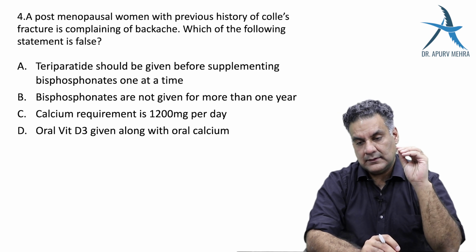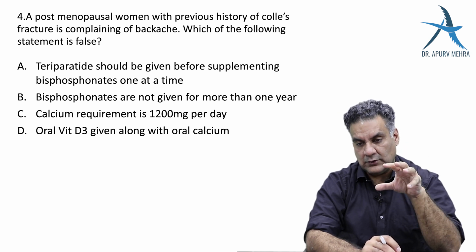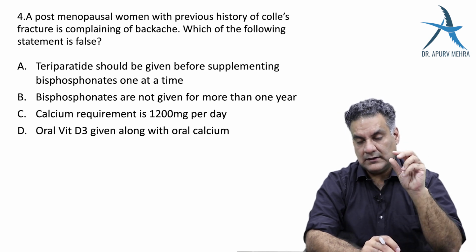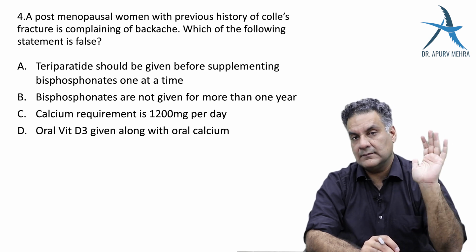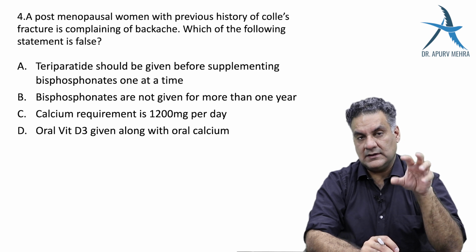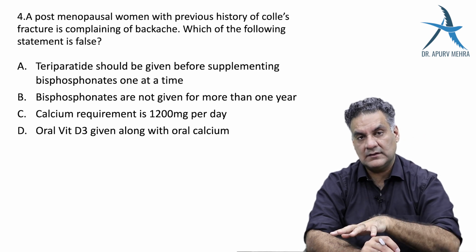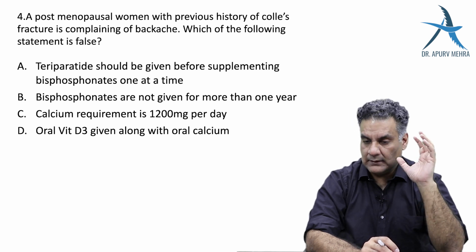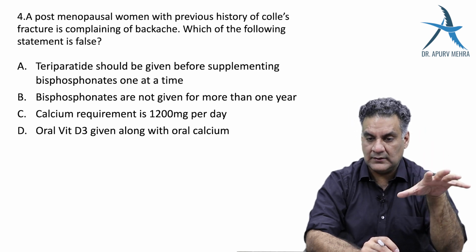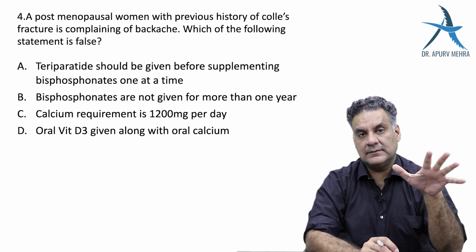And if they go to metabolic disorders, they won't leave osteoporosis, rickets, or scurvy. So there has been a question in every exam on osteoporosis. Look at this question, post-menopausal. The moment they talk about post-menopausal, they are indicating the bones are weak.